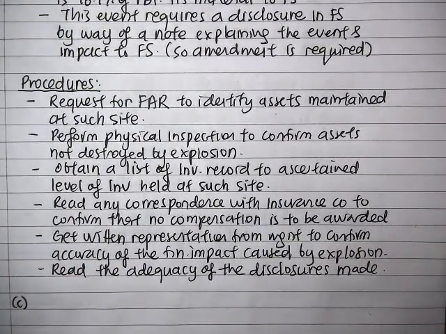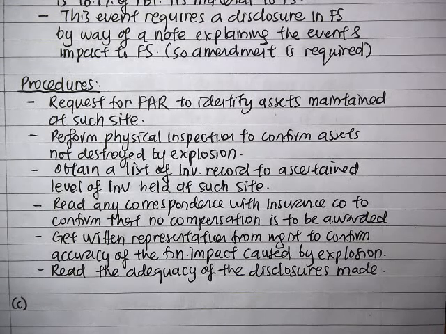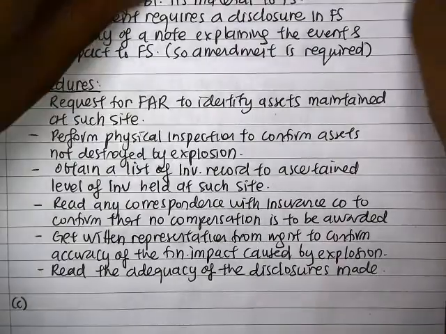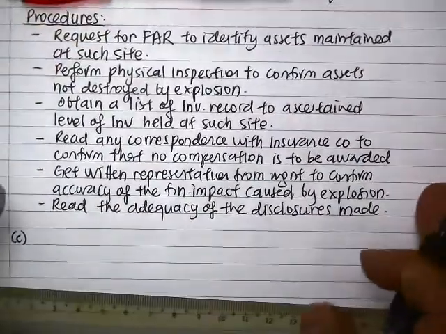Okay, it says that the directors do not wish to make amendment or disclosure regarding the explosion, event number 2. What's the impact on the report? Now, very simple. If they refuse, it becomes a misstatement, right?